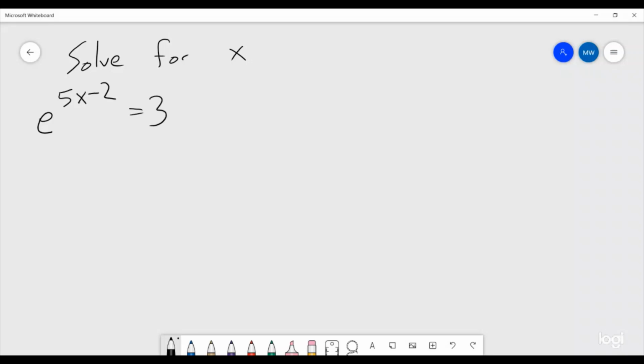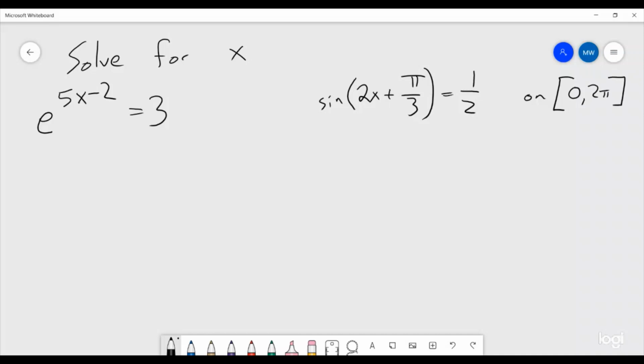And the other one is sine of 2x plus pi thirds is equal to 1/2 on the interval 0 to 2 pi. So go ahead, try both of these, try and solve for what x would be in each case, and then we will go through it together in a bit. Feel free to pause the video if you need more time.